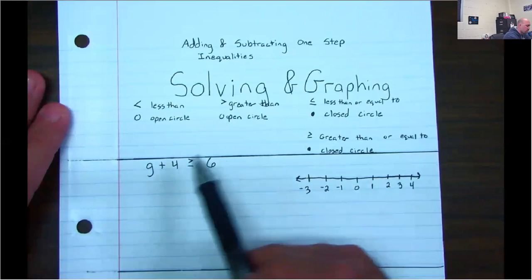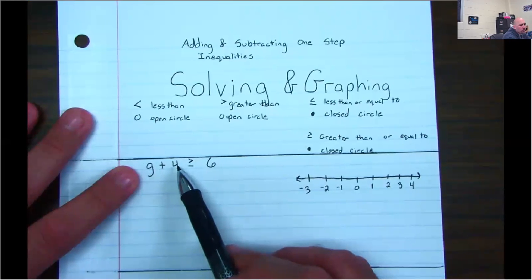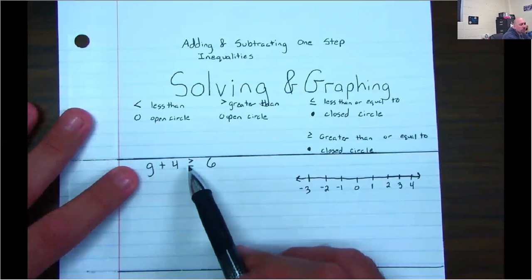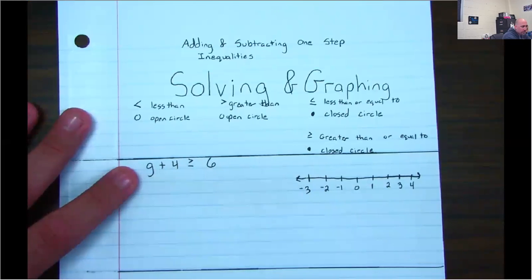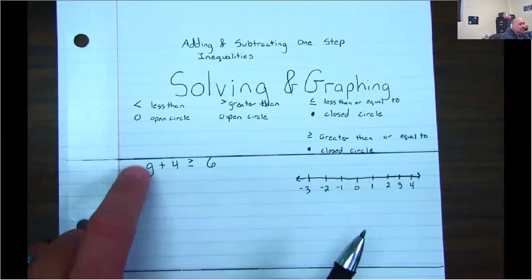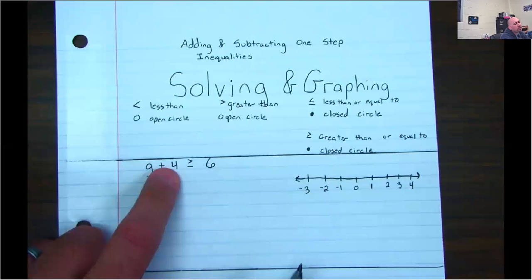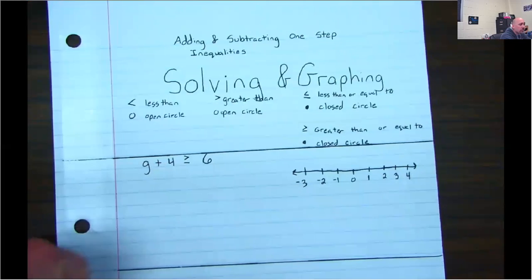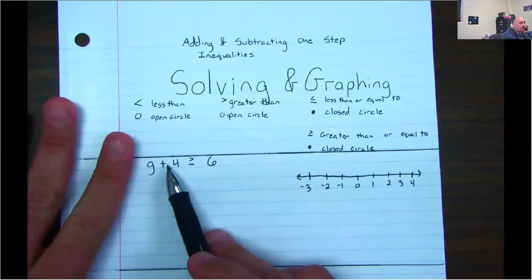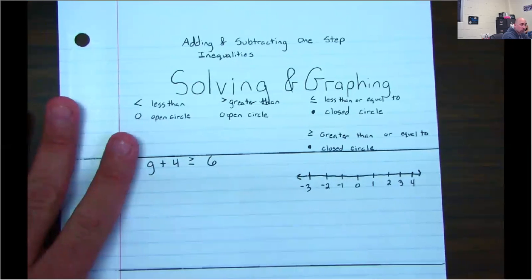Okay, let's look at the first example. G plus 4 is greater than or equal to 6. Just like on one-step equations, we're trying to isolate the variable, or get the letter by itself. However, on the same side of the letter is this plus 4. So we're going to do the inverse or opposite operation. What is the opposite of adding 4?